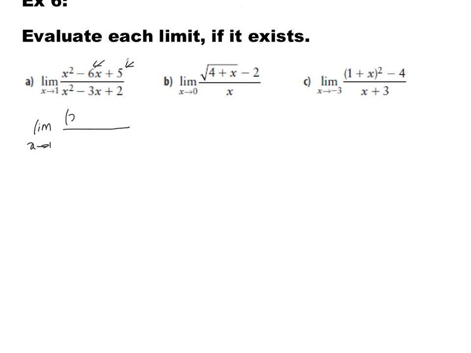So I can write this one as x minus 1 times x minus 5. And the denominator, the leading coefficient is 1, so I can use sum and product method. Two numbers that the product is 2 and the sum is -3. Those two numbers are -1 and -2.